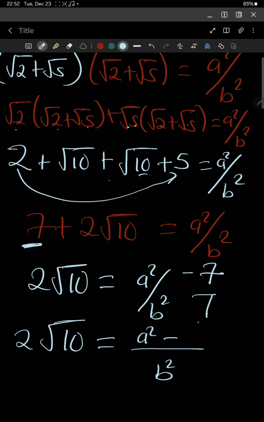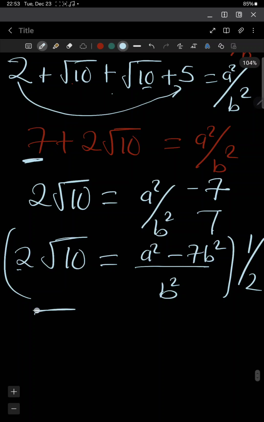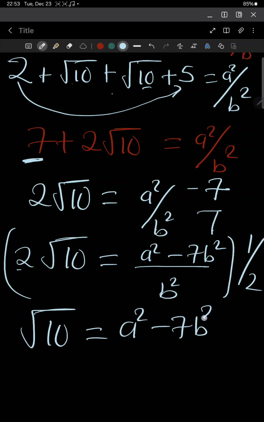To kick out the 2, we multiply by 1 over 2. After that, we will say square root of 10 is equal to A square minus 7B square over 2B square.